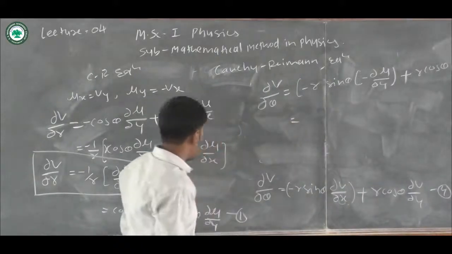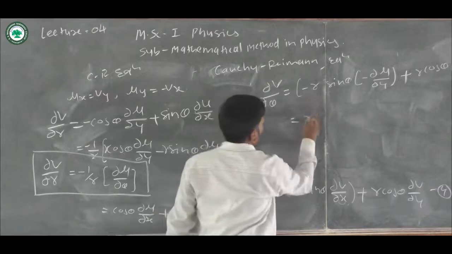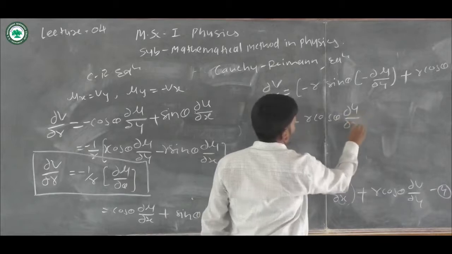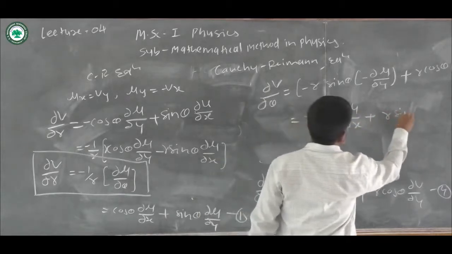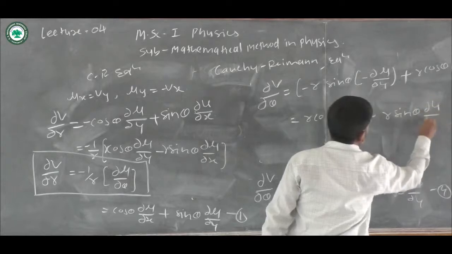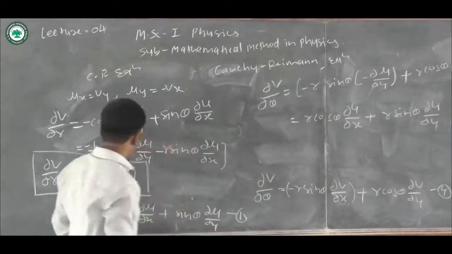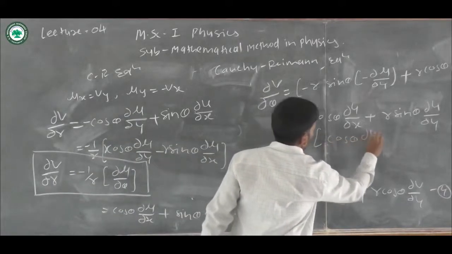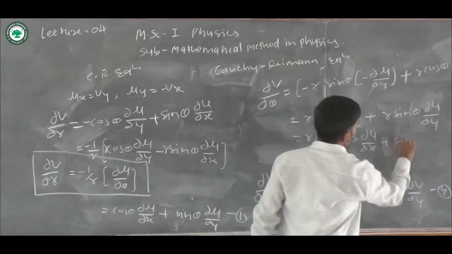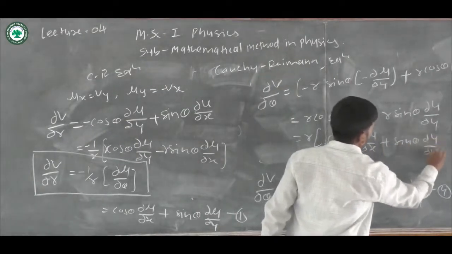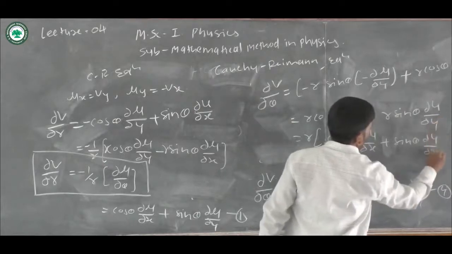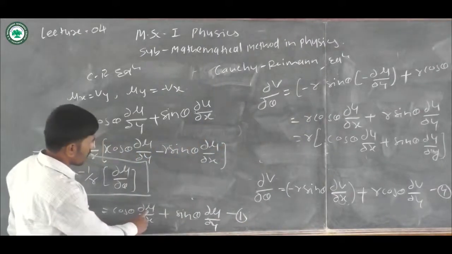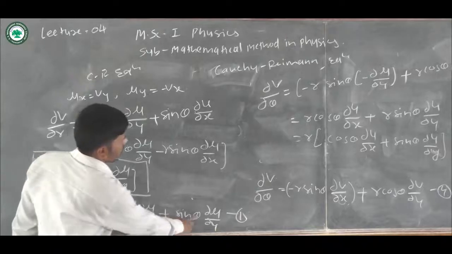Now if you compare these equations, this is r cos theta ∂u/∂x plus r sin theta ∂u/∂y. If we take r common, it is r times cos theta ∂u/∂x plus sin theta ∂u/∂y.